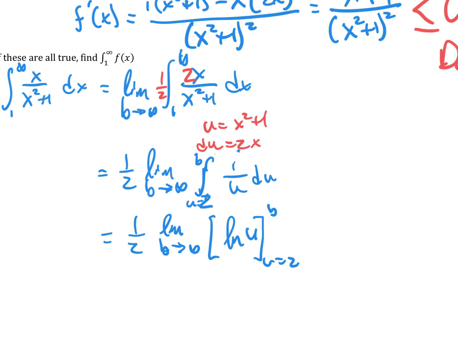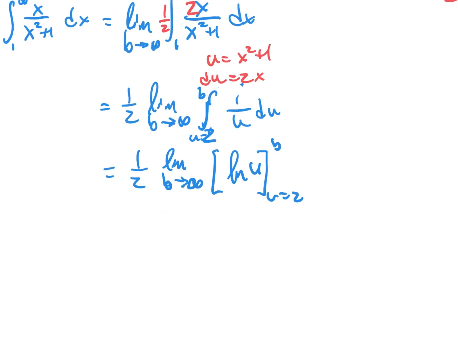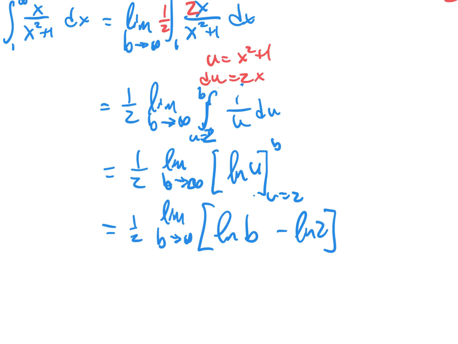Okay, so as b goes to infinity, that's infinity there. So we end up with this 1/2 limit as b goes to infinity of the natural log of b minus natural log of 2.